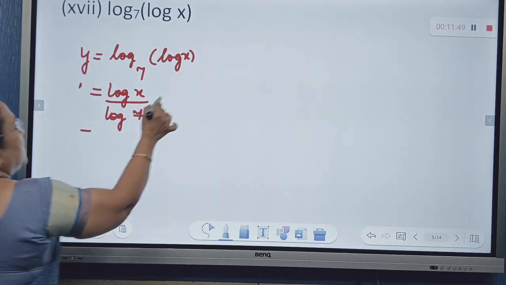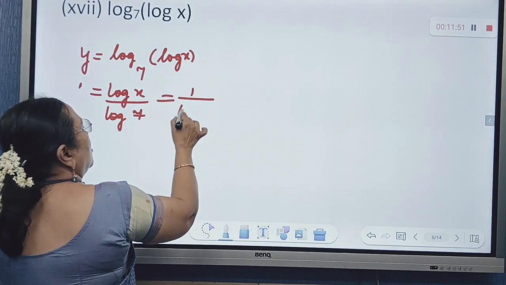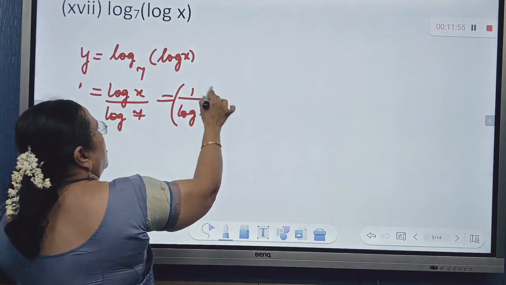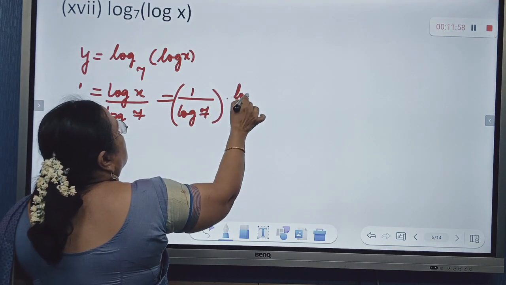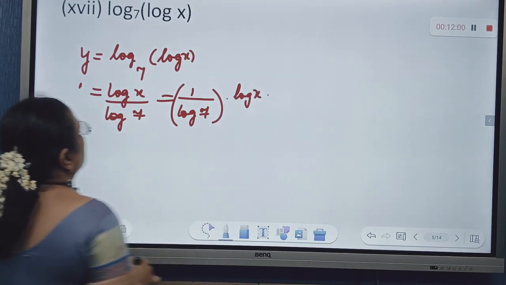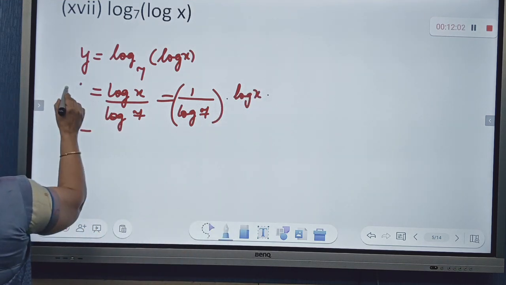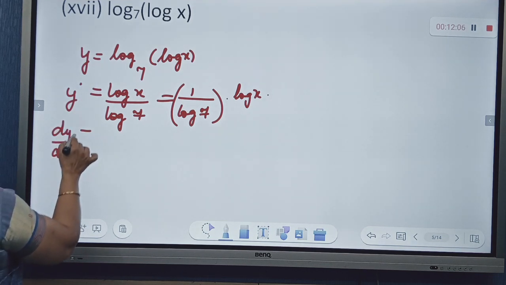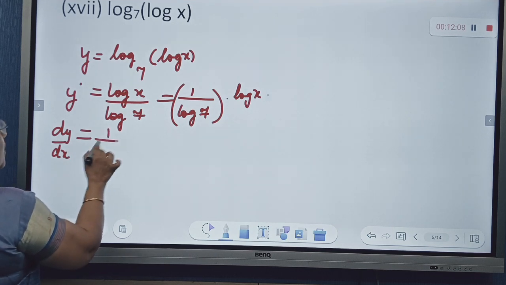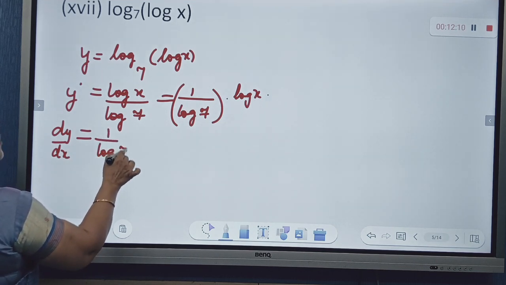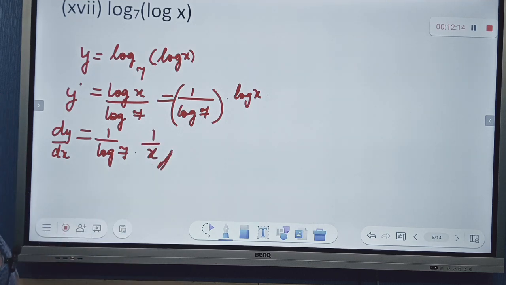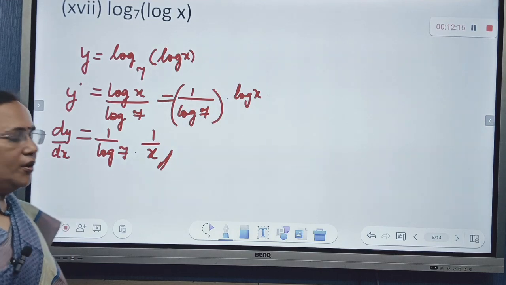So this is equal to 1 by log 7, which is a constant, into log x. So dy by dx, I only simplified y. So dy by dx will be equal to 1 by log 7 into derivative of log x, which is 1 by x. Are you able to follow?